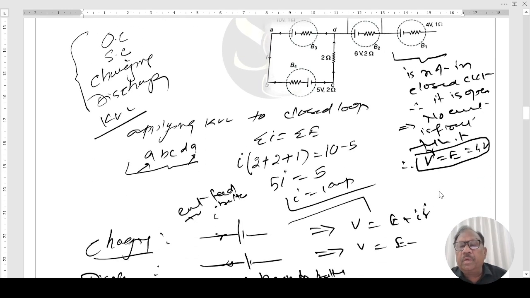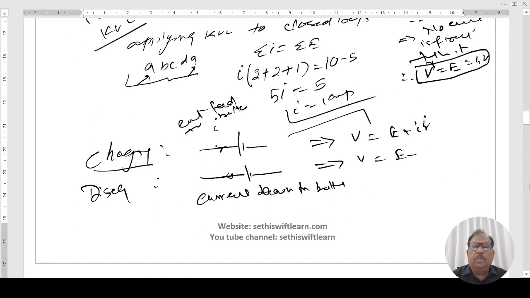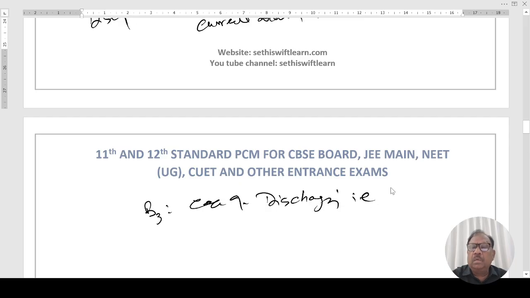So B3 is a case of discharging. That is, current is being drawn from the battery.